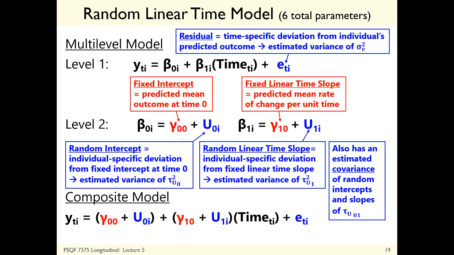Now next step, after adding a fixed effect of time, I'm on slide 19, we're adding a random effect of time, U1i. So U1i is how far off your slope is from the fixed slope. Because U0i and U1i relate to the same person, even though it's not shown here in the scalar equations, you're also going to add a covariance between them, and that's going to show up in G.